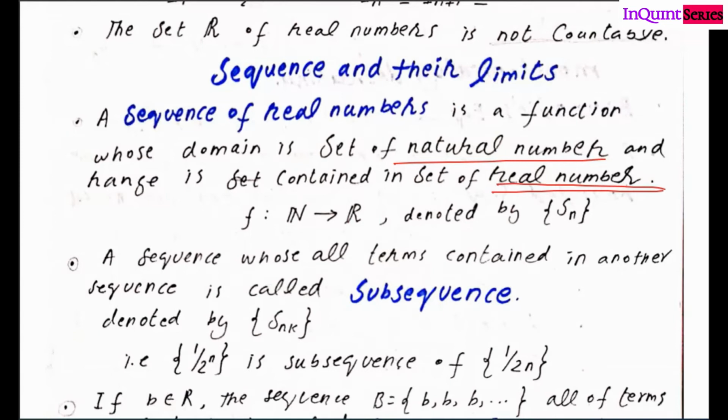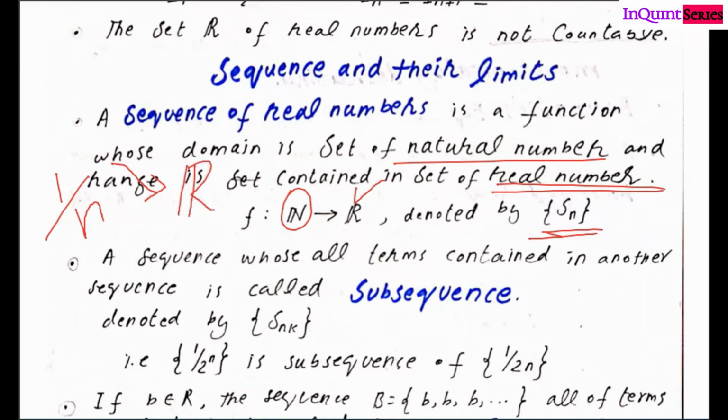That is a function whose domain is the set of natural numbers, and range is contained in the set of real numbers, and it is denoted by S_n. Here we have an example of a sequence of real numbers, that is 1 over n. Here our n is from the set of natural numbers, and in answer we will get a real number.